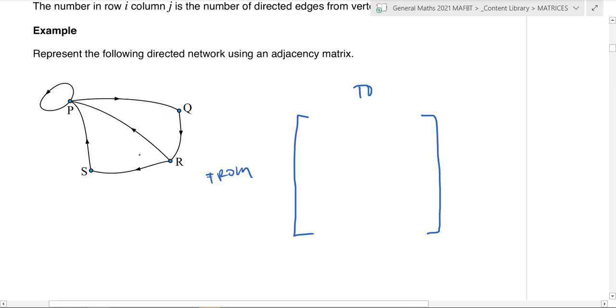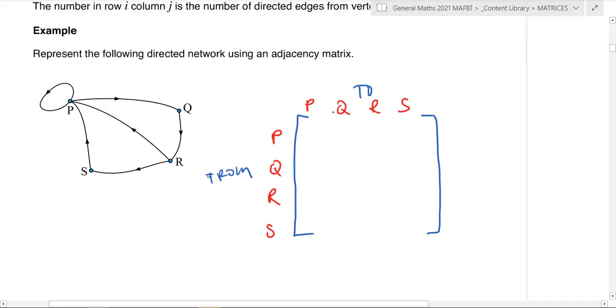You've got 4 vertices, as in 4 dots, meaning it's going to be a 4x4 matrix. So it's a square matrix. We'll call it P, Q, R, S. Same up here, P, Q, R, S. All right, so let's fill this in.